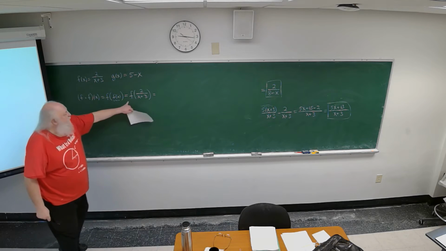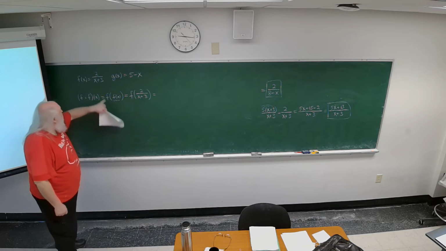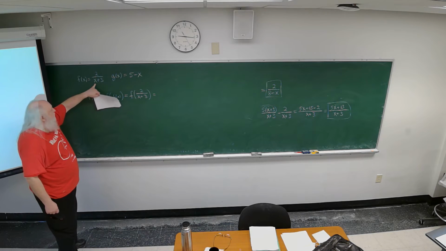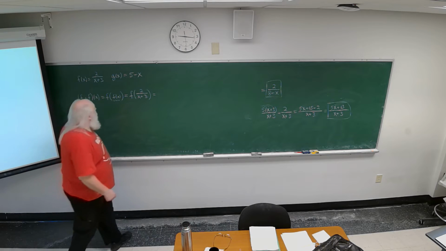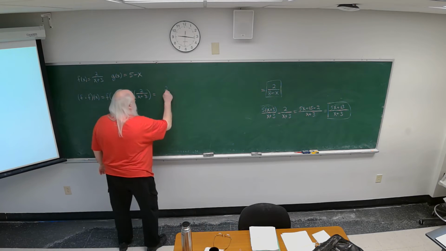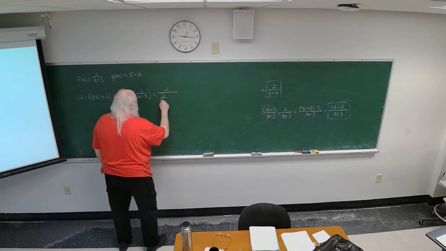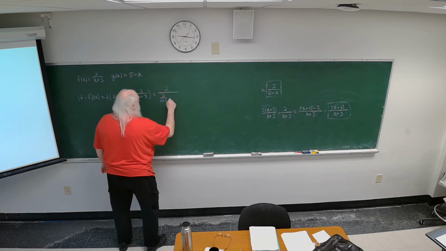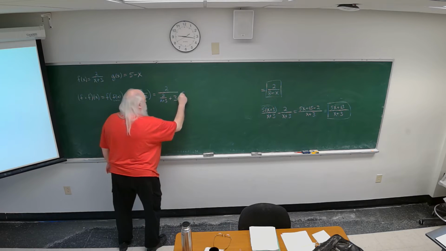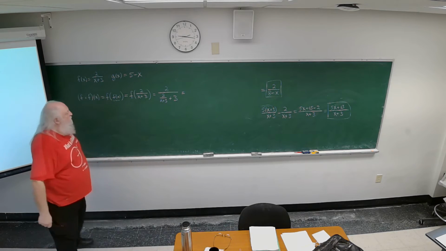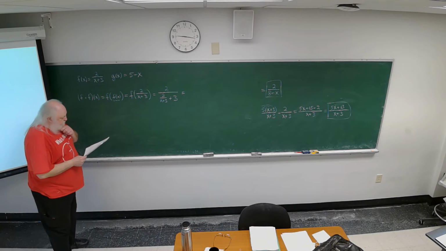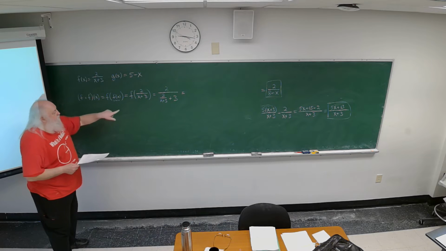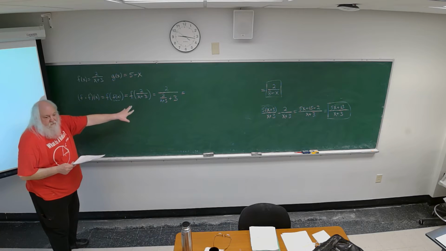And now we evaluate f of 2 over x plus 3 by replacing x on the right-hand side of f of x with 2 over x plus 3. So this is equal to 2 over 2 over x plus 3 plus 3. And now you should recognize that as a complex fraction. Right?